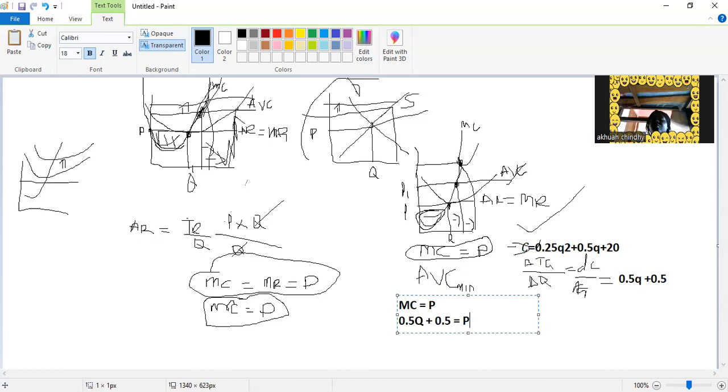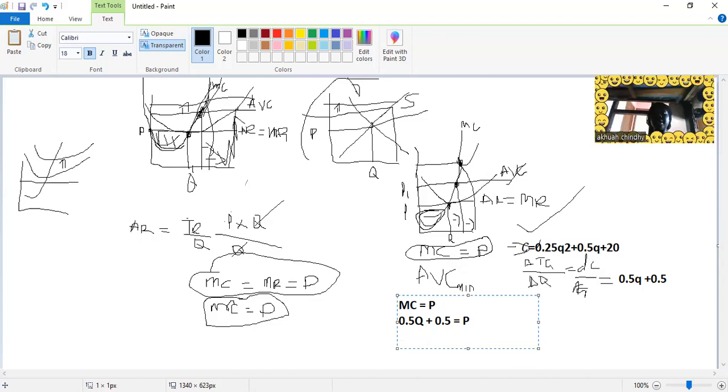And we know that in a supply function, we have P and we have Q. So here we have to make Q the subject. To make Q the subject, you move 0.5 to your right. So do the calculation on your own. You get Q, the quantity supplied, is equal to 2P minus 1.